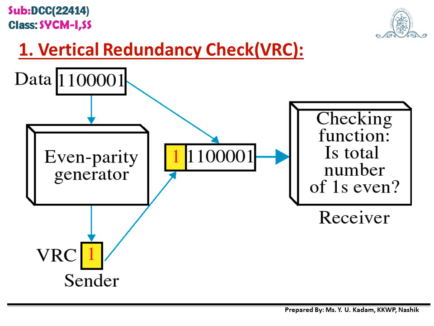Let us discuss the first type of error detection method, that is vertical redundancy check. The vertical redundancy check is also known as parity check. It is quite a simple method. It is the least expensive technique as well. In this method, the sender appends a single additional bit called the parity bit to the message before transmitting it.